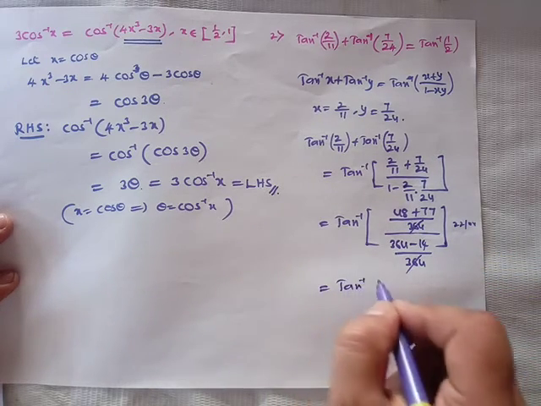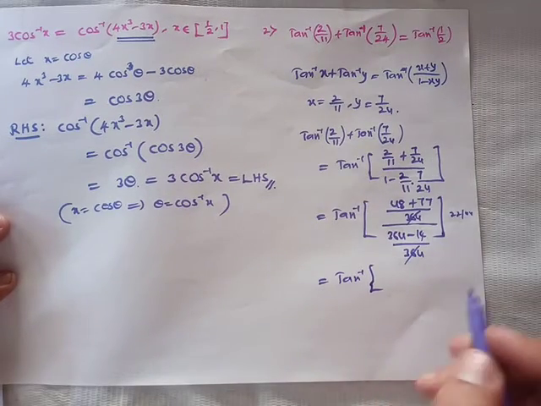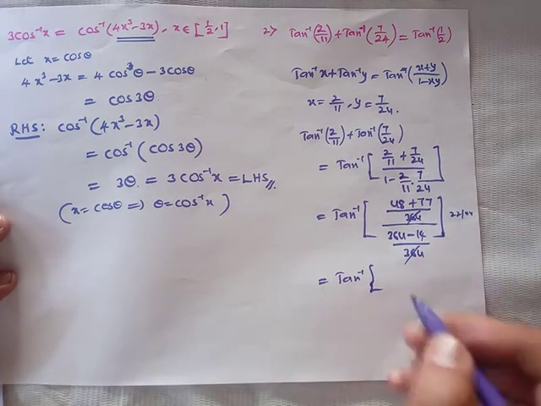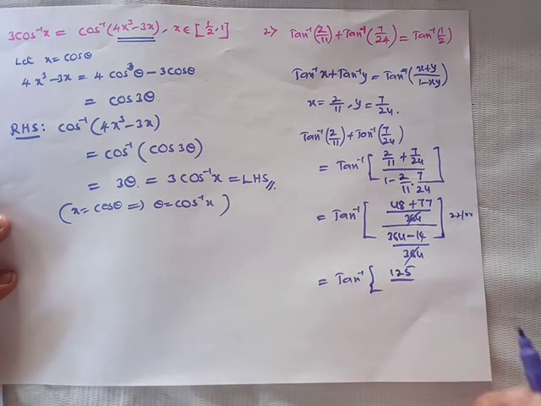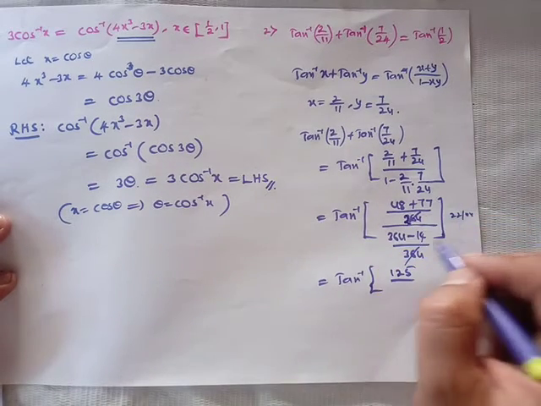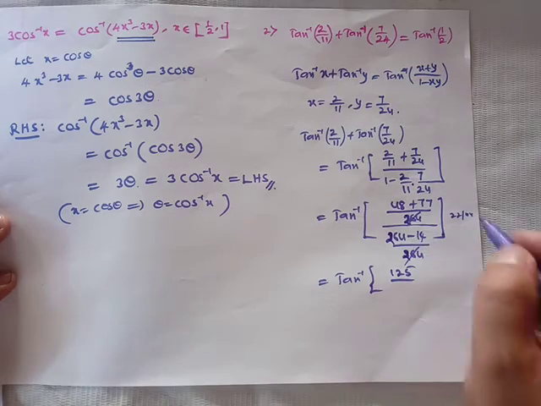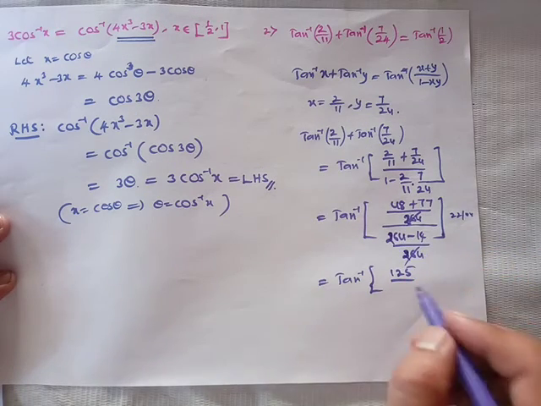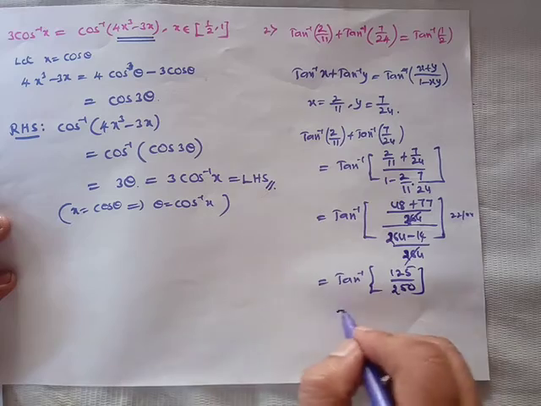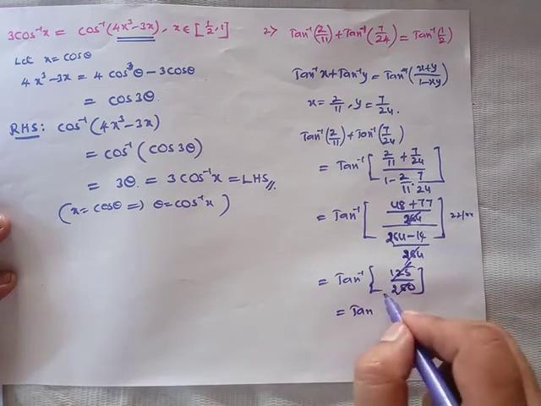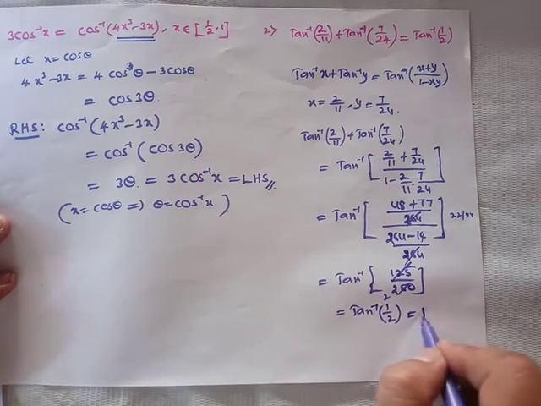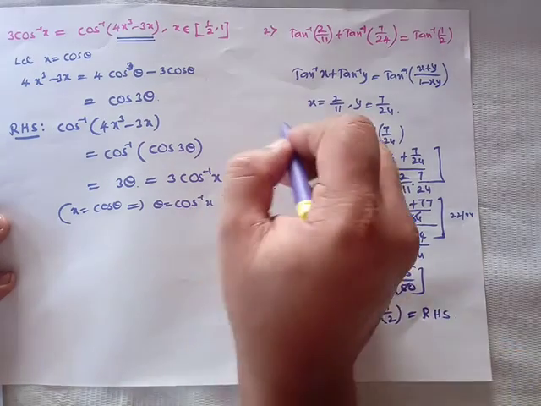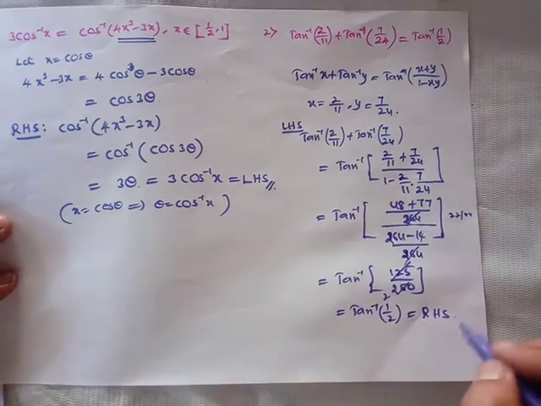So tan inverse of 48 plus 77, which is 125, by 264 minus 14, which is 250. It will give 125 by 250, and so tan inverse of 1 by 2, which is the RHS value. So we considered the LHS and we are getting the RHS value.